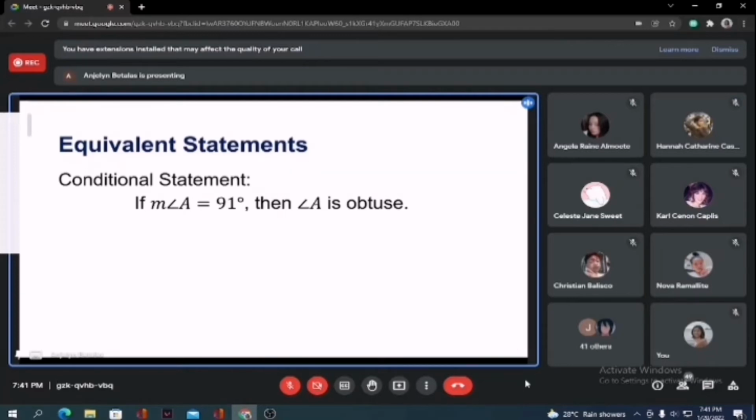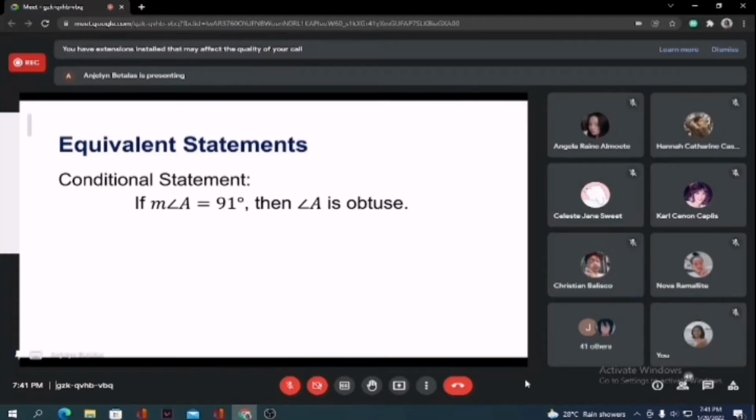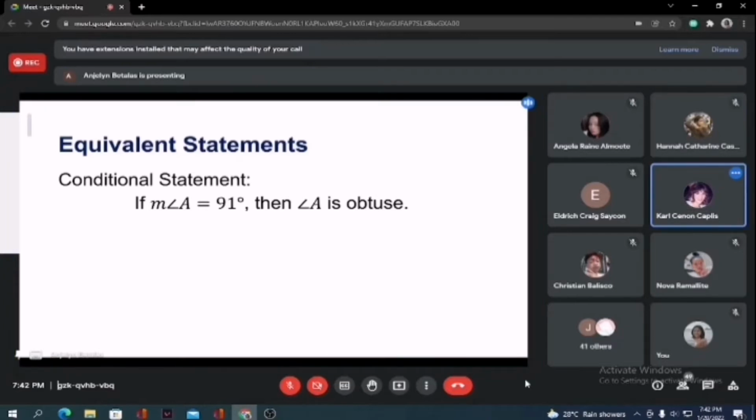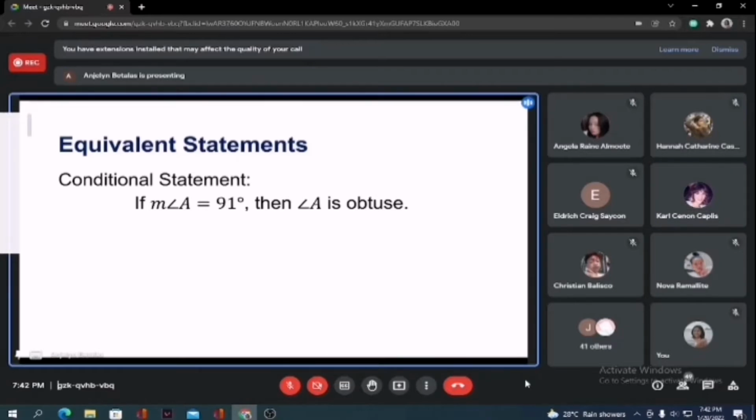What is its equivalent? Contrapositive. Okay, so just give me the contrapositive statement.